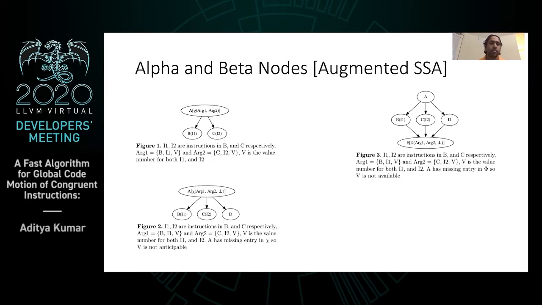Essentially, if the nodes have complete, full entries, that means that the variable is anticipable at all the successors. Similar things hold for the branch-in, where we insert phi nodes in general. Here we call them beta nodes.